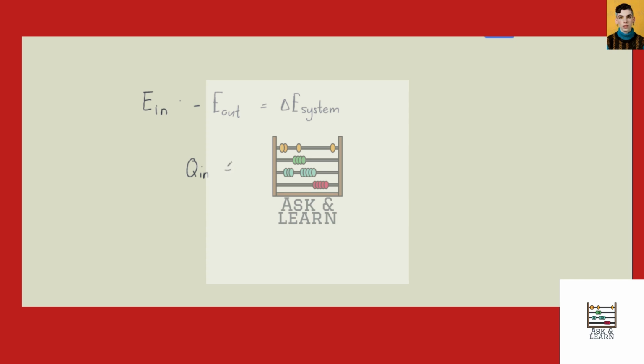So the only transfer of energy is the heat transfer, Q in, and this is equal to a change in the internal energy of the plate, delta U. And we can write delta U as m times little u2 minus little u1, where u is the specific internal energy. And we can also expand this further as mc multiplied by the change in temperature, T2 minus T1. So there we have an energy balance equation.